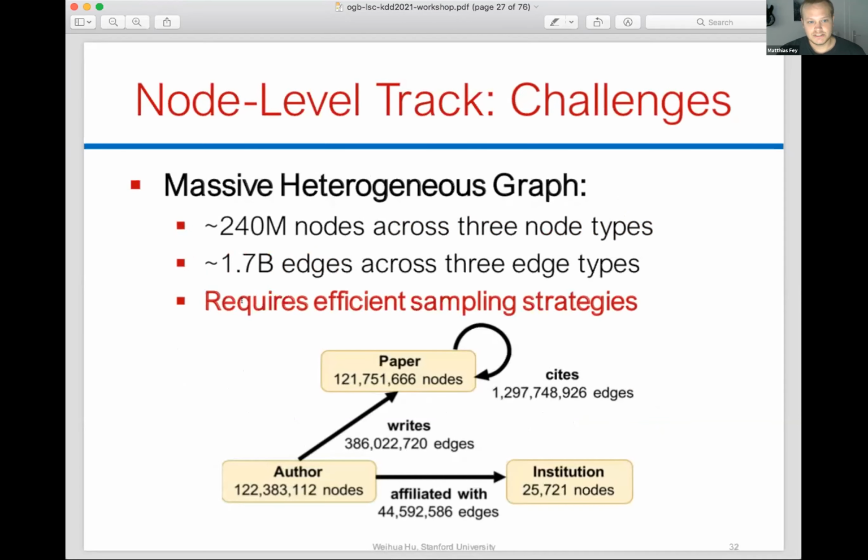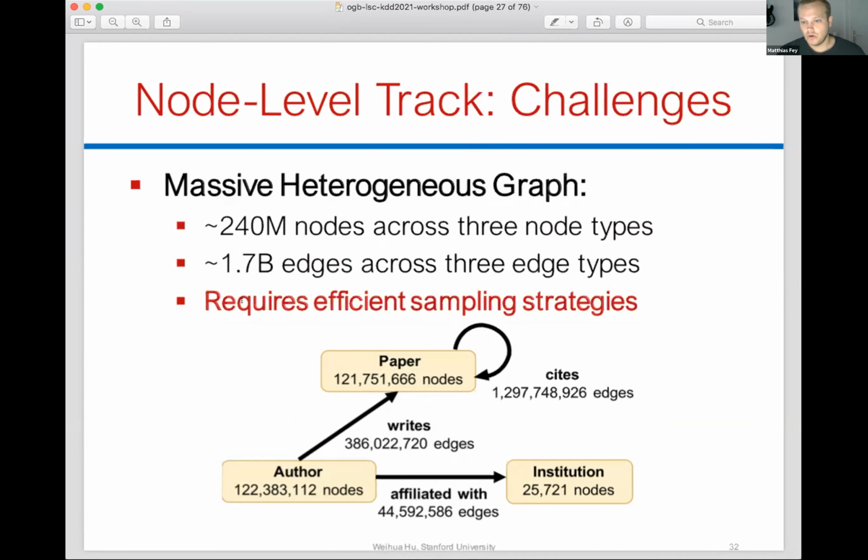Overall, this data creates a massive heterogeneous graph in which we have about 240 million nodes across 3 different node types. Those node types are paper nodes, author nodes, and institution nodes. And then we have edges connecting nodes between different edge types.